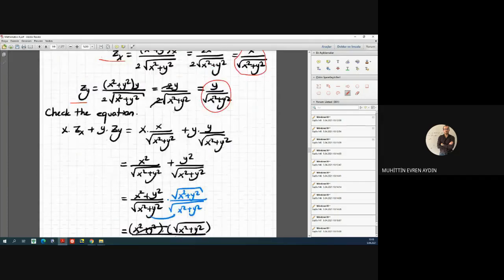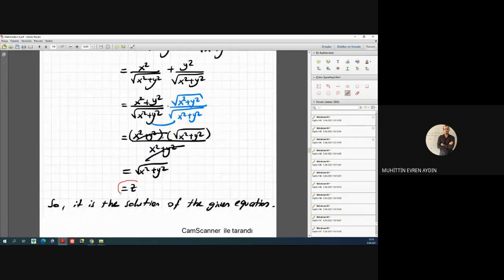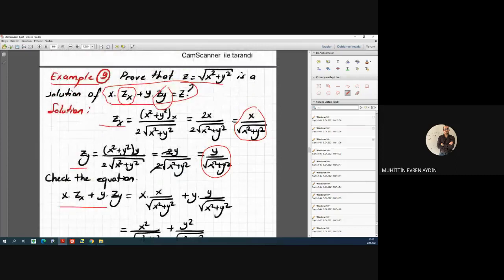If we replace the values in this equation, after some manipulations, we have z. So our function, I mean this one, is a solution of the equation given in example 9.